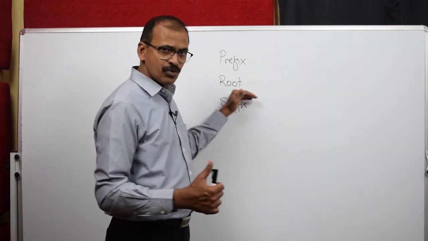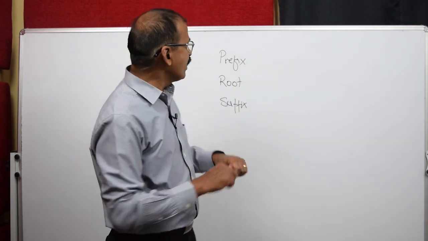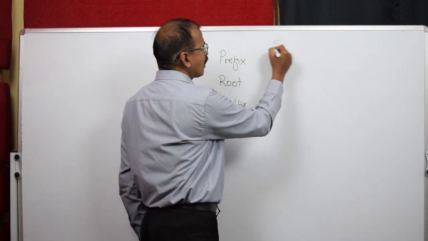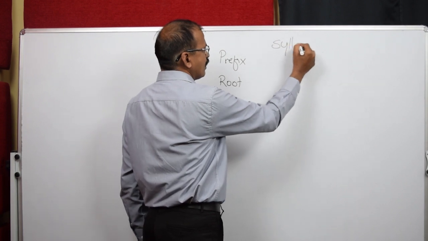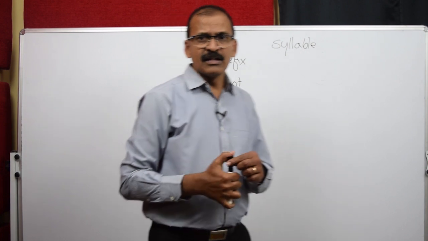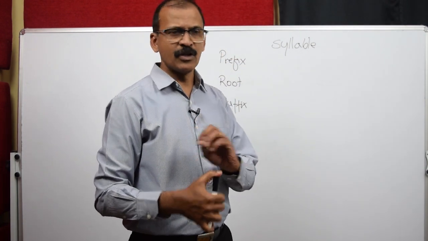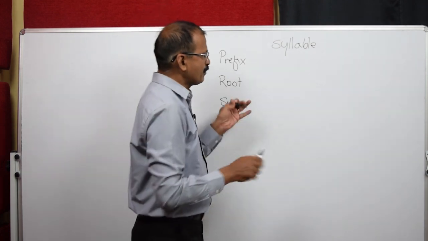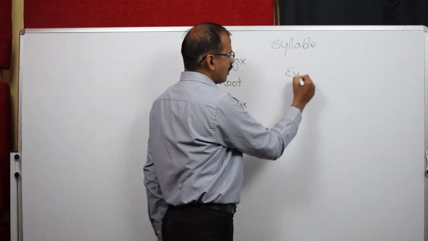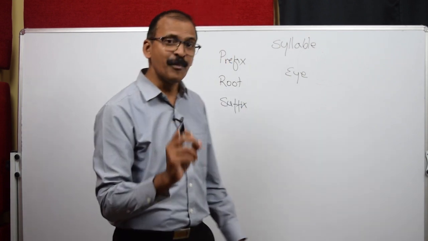But then what is this root word? A root word is a syllable. Now, in the English language, we have something called a syllable. A syllable is a complete or short sound in a word. Now, what do I mean by that? For example, if you take the word I, this is one sound, it is a complete sound.